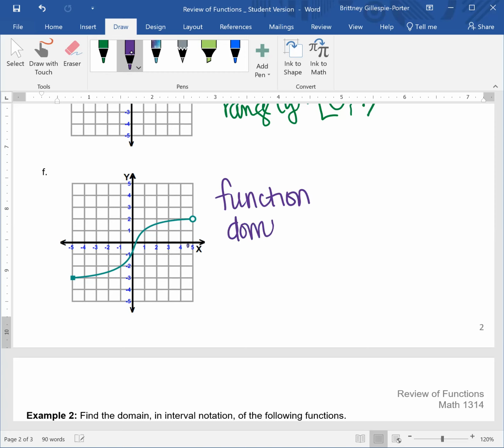Looking at our domain, our x values, we can see our smallest x value is at -5, and it's a closed circle, so I'm going to put a bracket. When we scroll over to the right, we see the highest x value is at 5, but because it has an open circle, we're going to put a parenthesis.